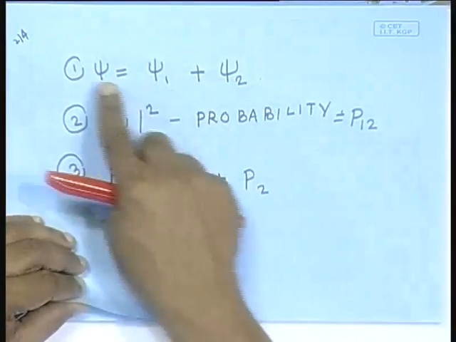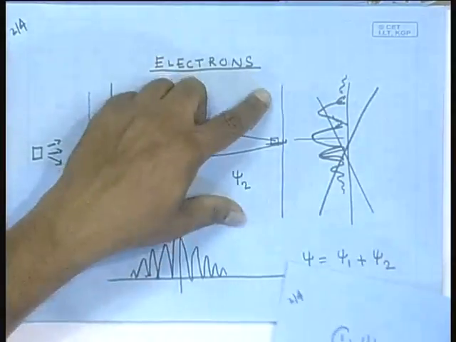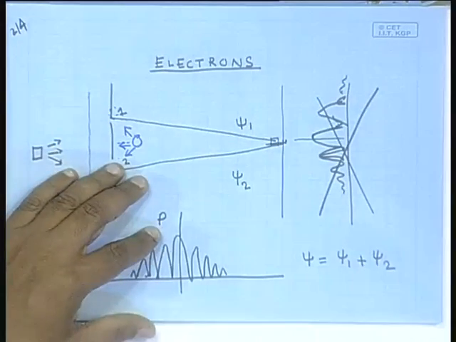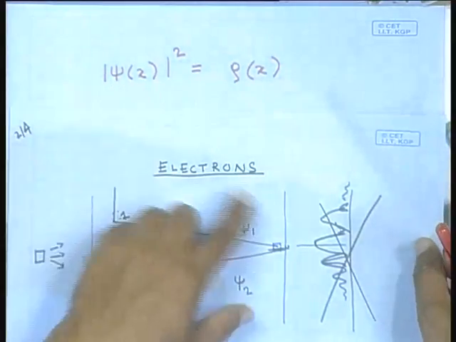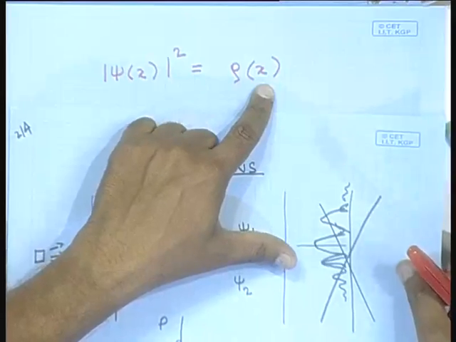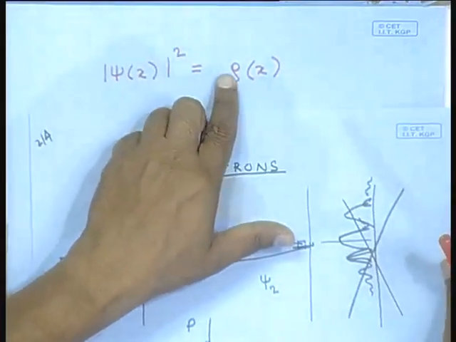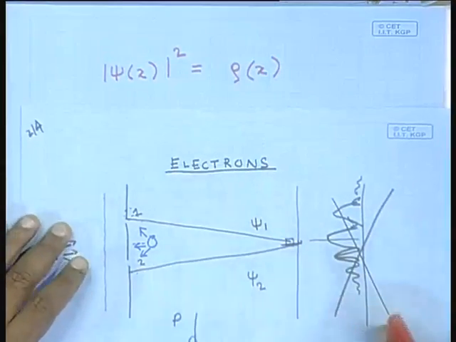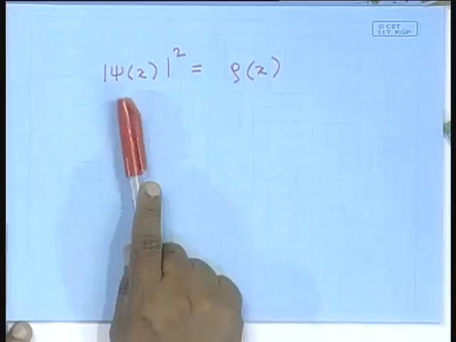The mod square of this psi gives the probability density of finding the particle at that position. And you know how to interpret the probability density. The probability density into the interval dx gives the probability of finding the particle there. So now we know how to interpret the probability amplitude or the wave function.